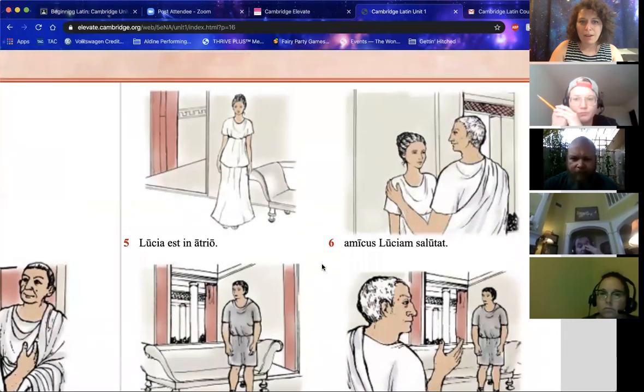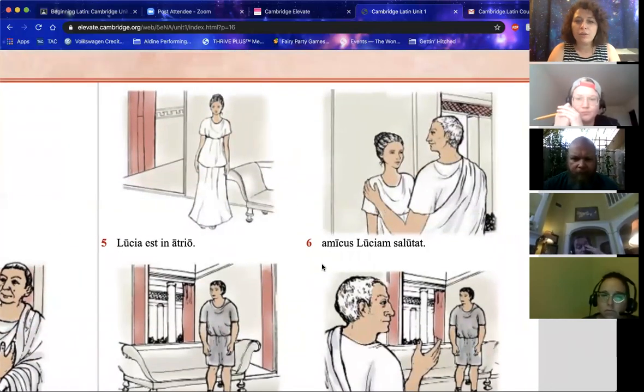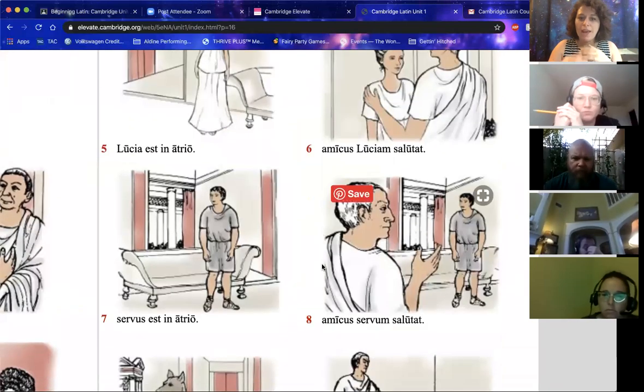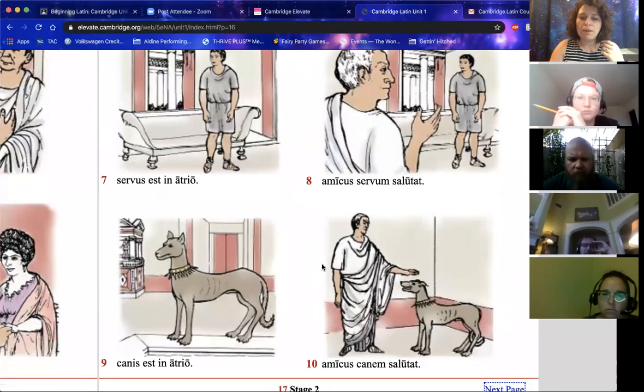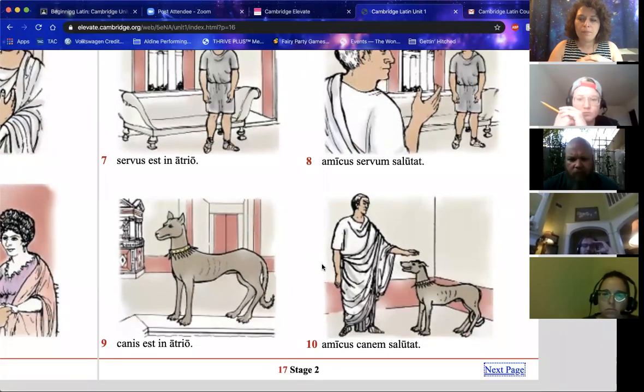All right, so let's look up here. We see Lucia and Luciam. So we're seeing that A to AM change. And then we have servus, servum. It's that us to um change. And now we see something a little bit different. I-S-T-E-M. Very good.